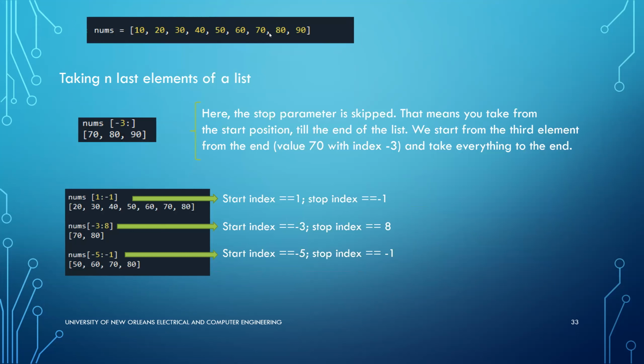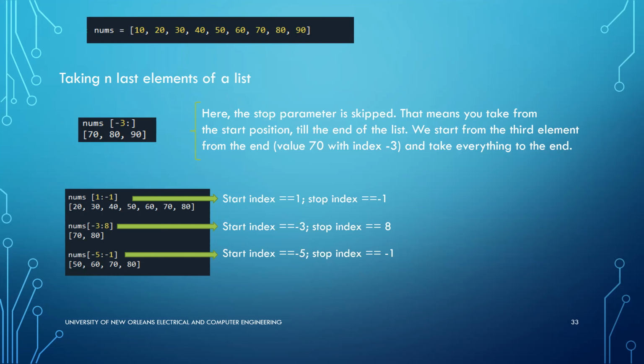Okay, looking again at the same list of numbers that we have, we can do some operations to start seeing how we can manipulate elements on the list. For example, we can look at taking the n last elements of a list, and for that, we're going to use negative indexing.